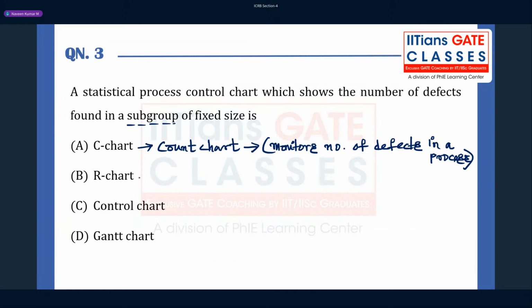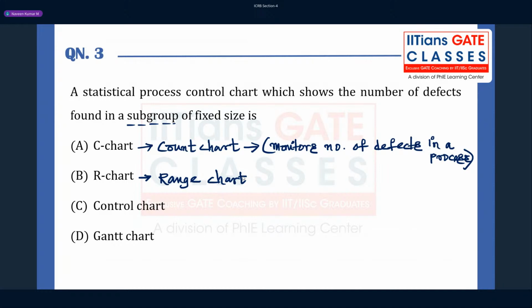R chart, R stands for range chart. It discusses the variability of a process, or how dispersed the process is. It's not about the count or defects.